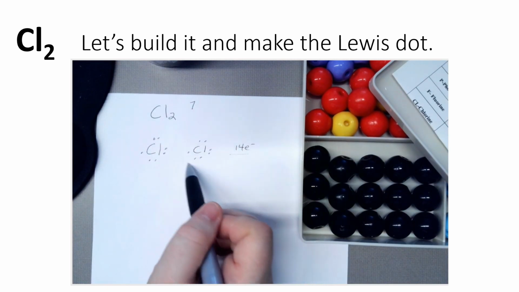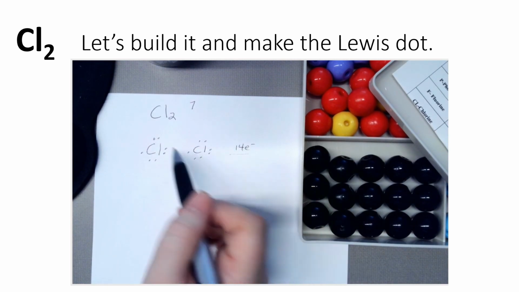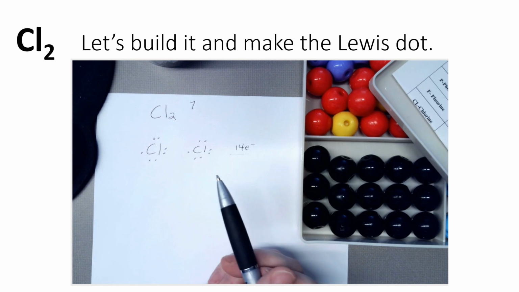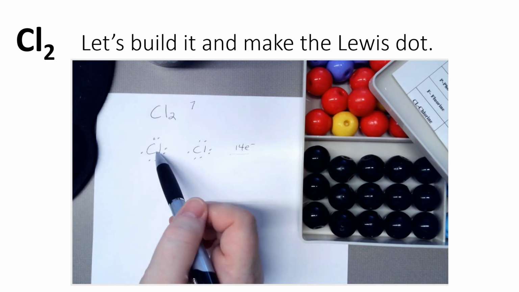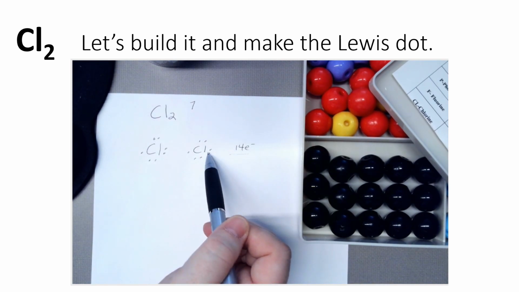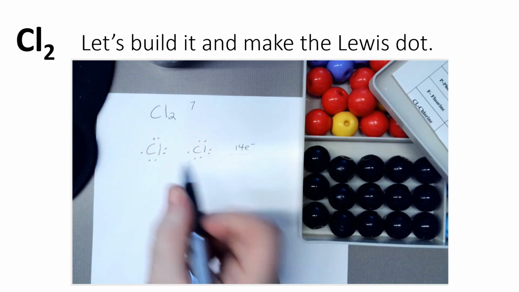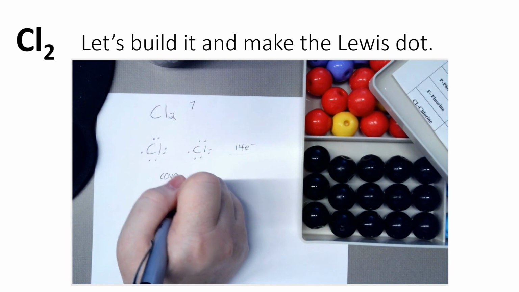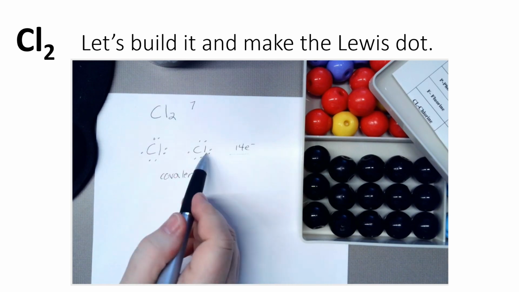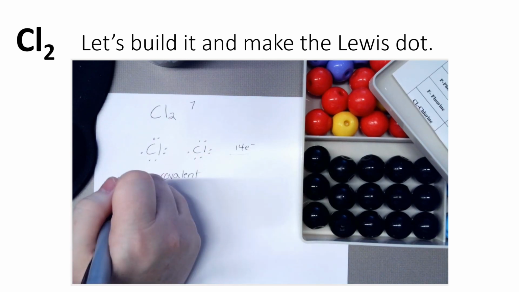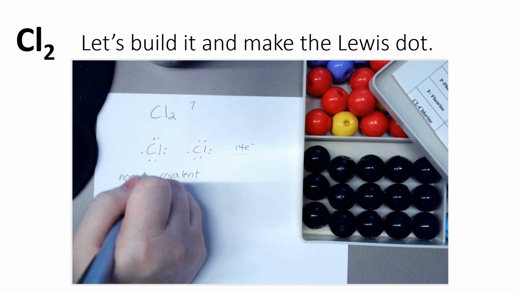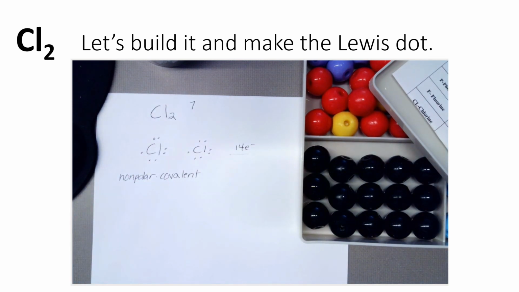But remember that every atom wants to have 8, but it doesn't have 8 right now, it has 7. Chlorine is a nonmetal. So when a nonmetal bonds to a nonmetal, we get a covalent bond. And since it's 2 atoms of the same element, it is specifically nonpolar covalent.